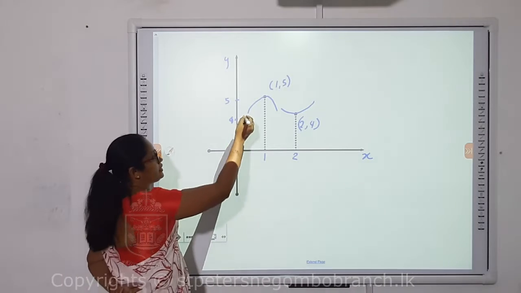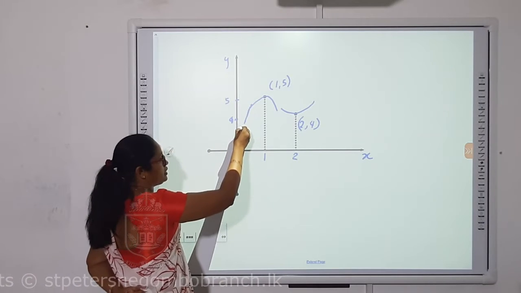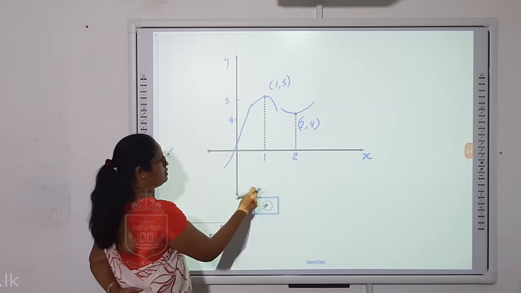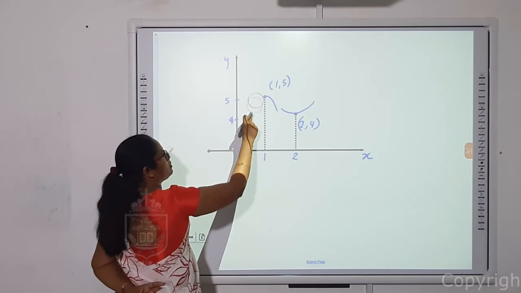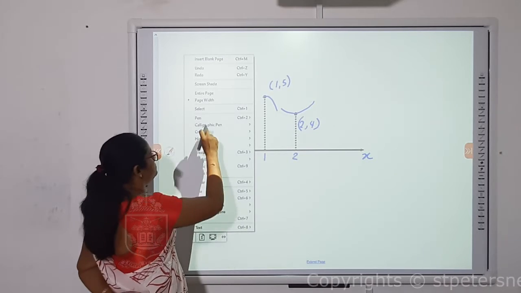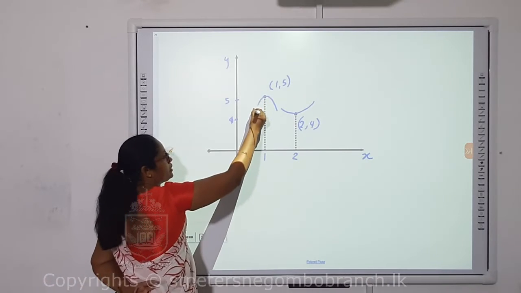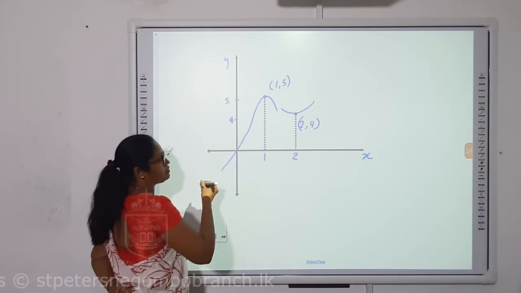Therefore, I can extend this side up to the origin, so that the graph passes through the origin.